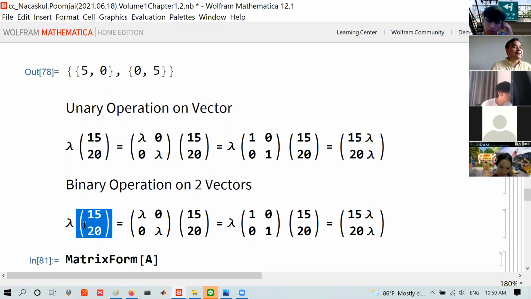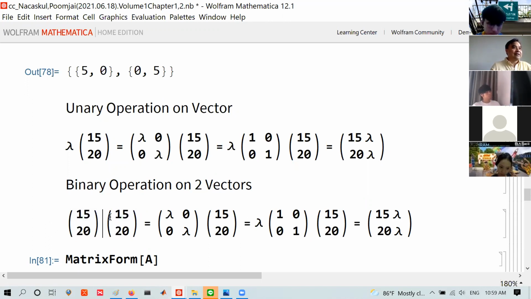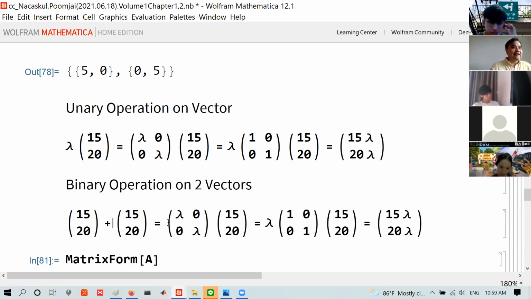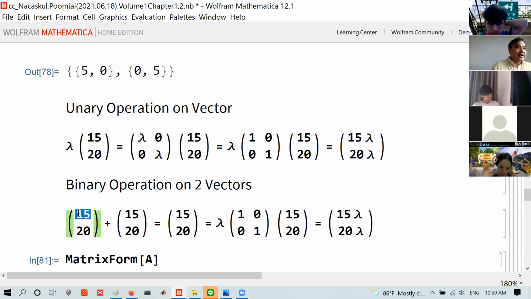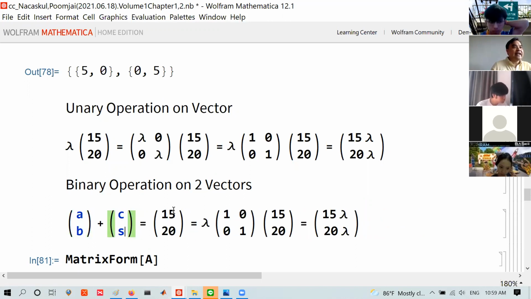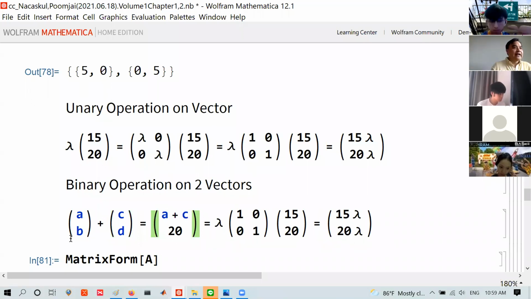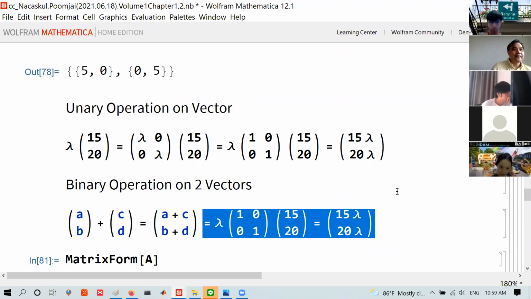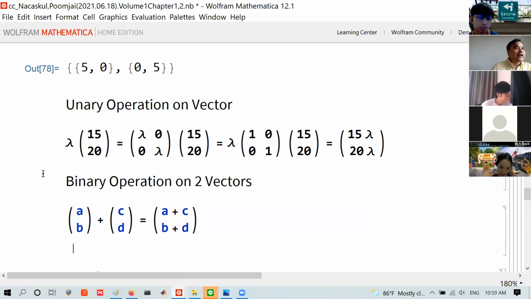In this case, you have something like this. We did this. It's kind of easy. A, B, C, D. That's the same thing as A plus C and B plus D.